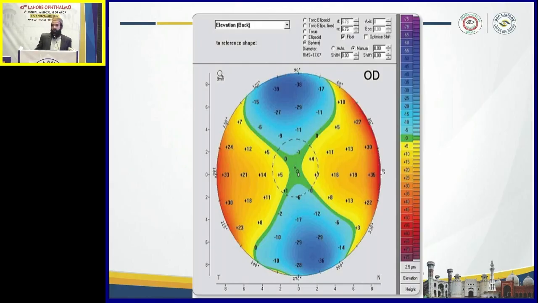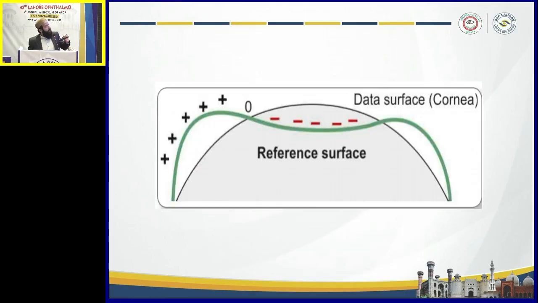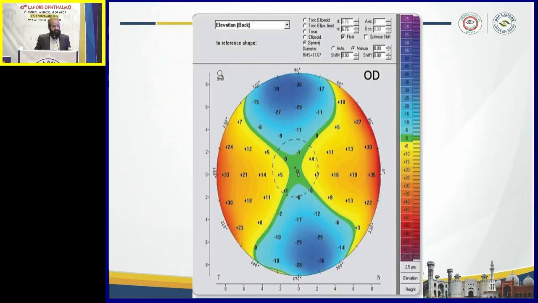For elevation maps, we use these terms like cool islands, a donut shaped pattern, embryo shaped pattern. These are the cool areas superiorly and inferiorly. This is in minus. We have to understand this because in the previous slide, this minus means that in that area the cornea is in the safe region. It's actually thick in those areas. So minus is safe.